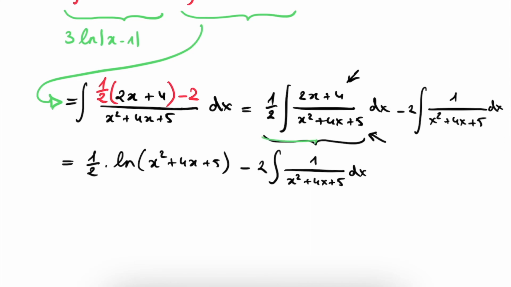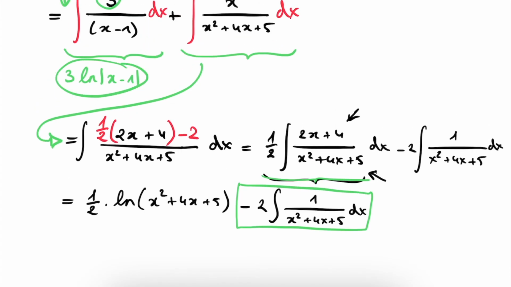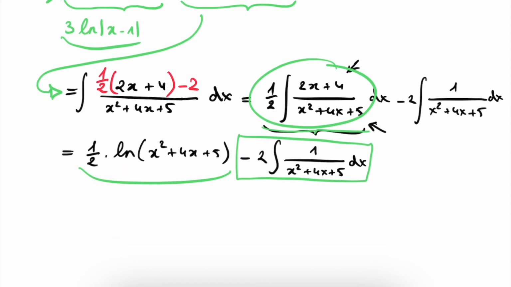So again, this integral is now solved, and now we are left with only one integral to solve before we are completely done. Again, because we've solved this integral to be this solution, we're only left with solving this integral.